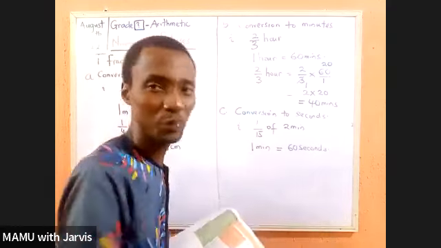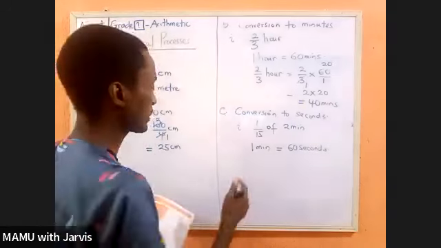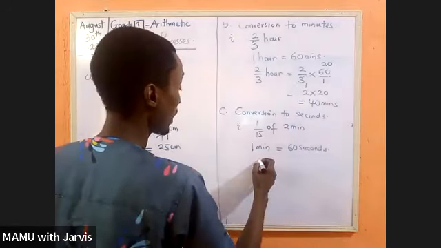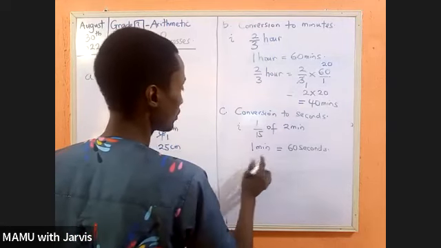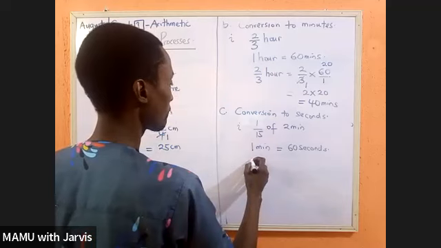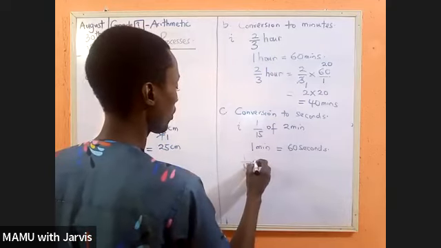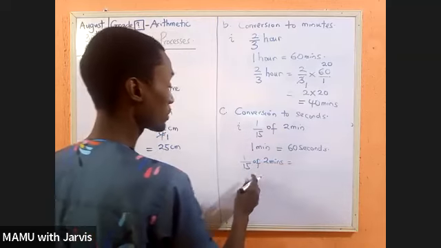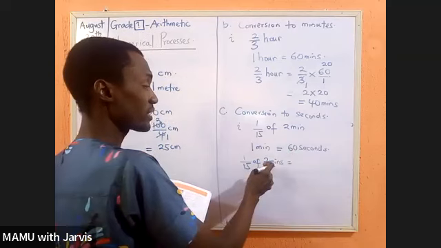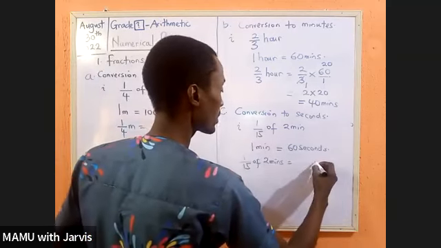Look at that portion and get 1/15 of it. Now, 1/15 of 2 minutes will be what? What is 2 minutes? It is 60 times 2. So I'll start by saying what?